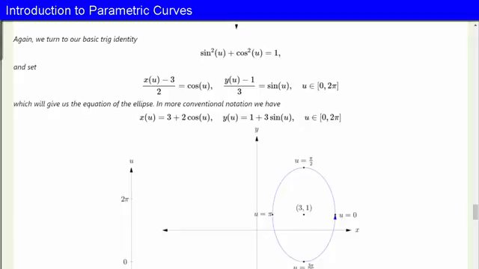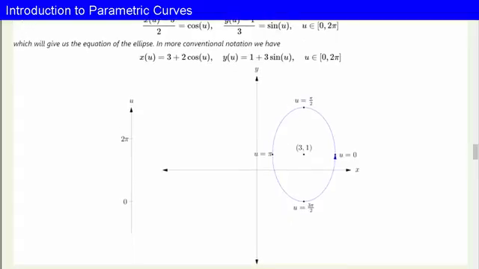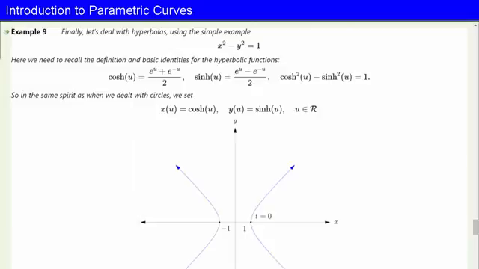So you set (x of u minus 3) over 2 equal to cos u, and (y of u minus 1) over 3 equal to sine u, and restrict u to 0 to pi. This will give us the equation of the ellipse. In more conventional notation, x of u is 3 plus 2 cos u, y of u is 1 plus 3 sine u.